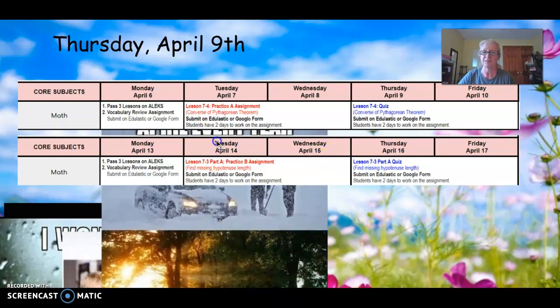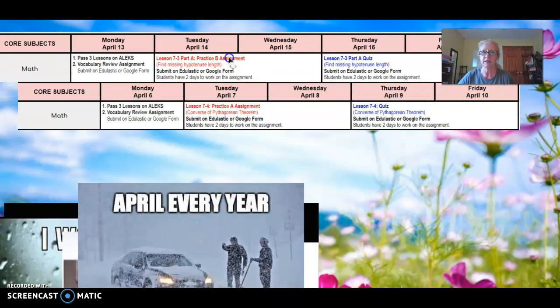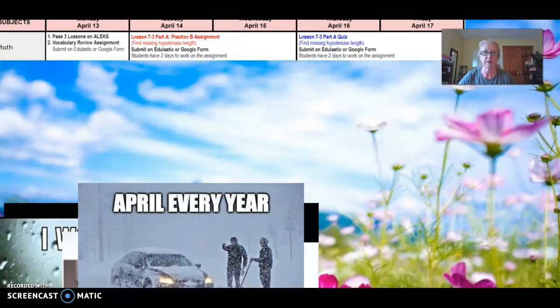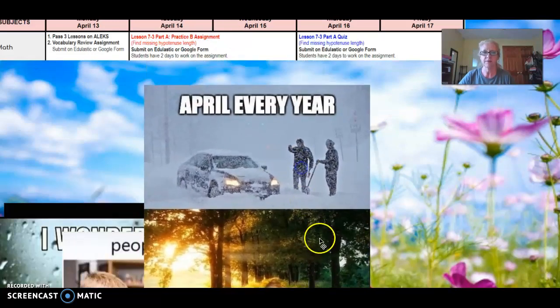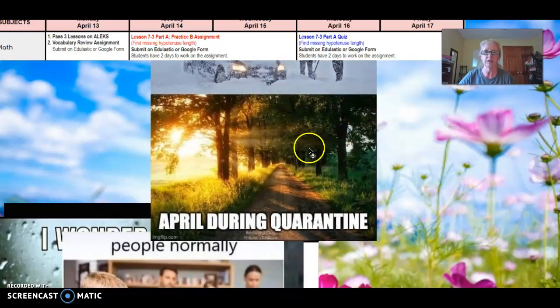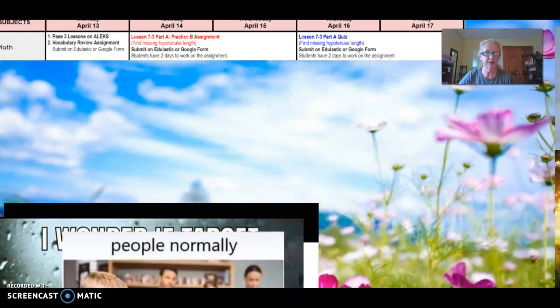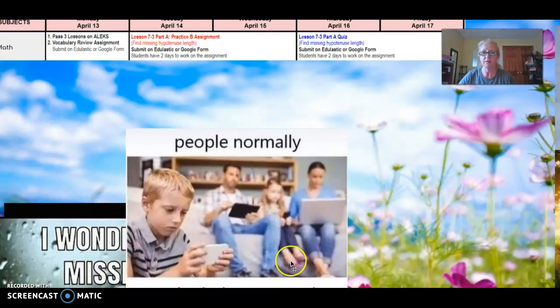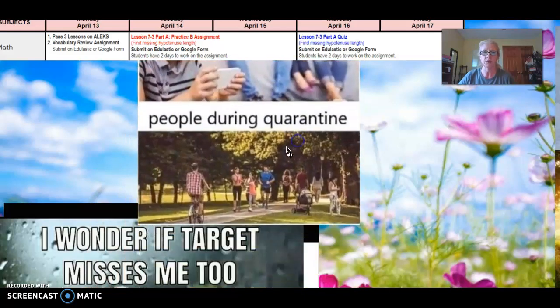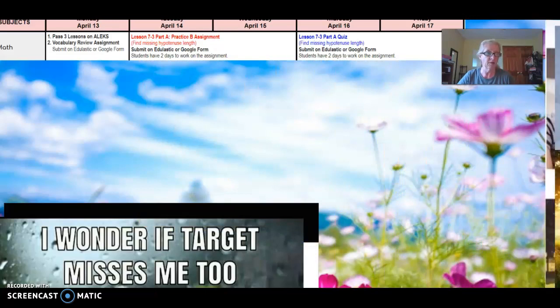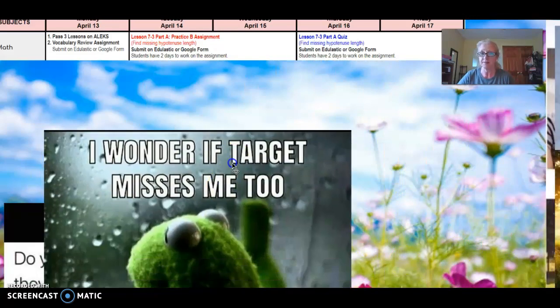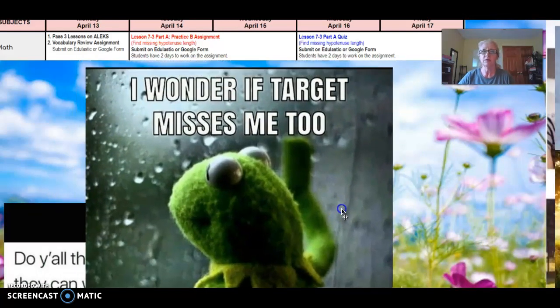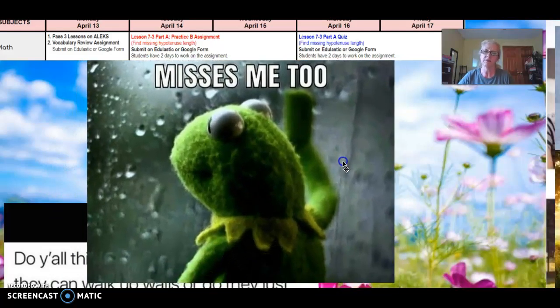We have to do our Pinterest. Uh-oh, that's not going to work. Let me move these up out of the way. April every year, April during the quarantine. Doesn't really matter. People are still going out anyway. I'm sure you've noticed that. Everybody and their mothers are out walking their dogs and riding their bikes. I wonder if Target misses me too.